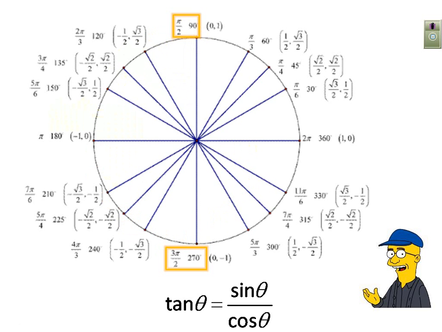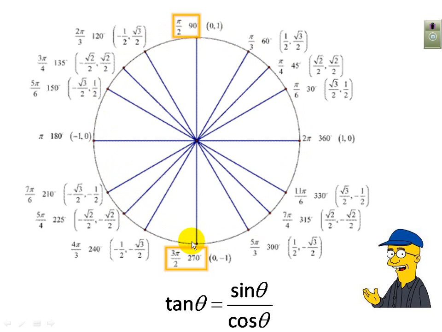All coterminal angles to those two angles give you an undefined tangent. Now, you'll notice that if you're here at pi over 2 and you add pi to it, you get to a place where tangent is undefined, 3 pi over 2. Then if you add pi to that, you're right back at a place where tangent is undefined. Add pi to that, you're right back to a place where tangent is undefined.